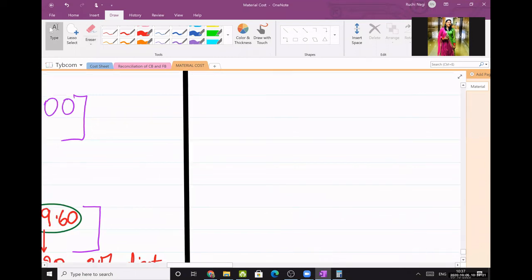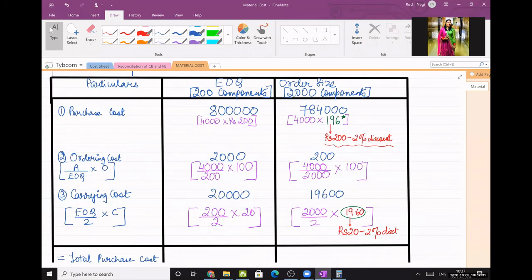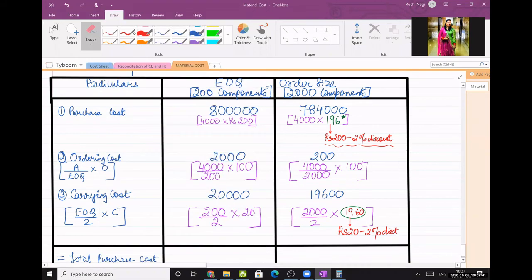Yeah, so come to the next one. Write down order cost. What is the formula for order cost? A upon EOQ into O. So calculate: 4,000 divided by 200 into O, 100. So my answer is 2,000. Next, A upon EOQ.